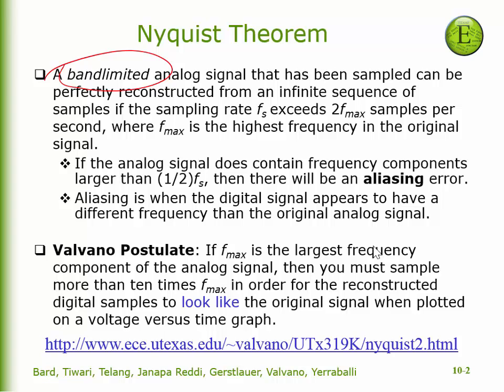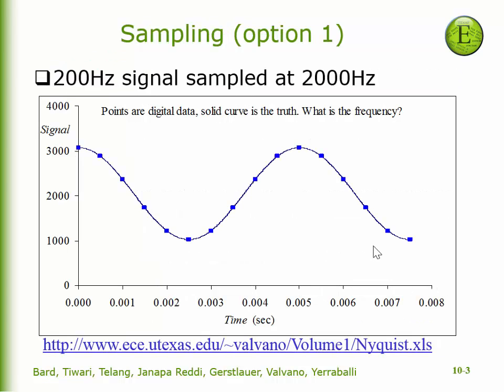And this is a signal sampled at 200 hertz, sampled at 2000 hertz. This is going through his discussion where he says that in order for it to look like it, you have to sample it like 10 times. We don't care whether it looks like it or not, because if we run it through a low pass filter, it's going to look like it anyway. So it doesn't really matter.